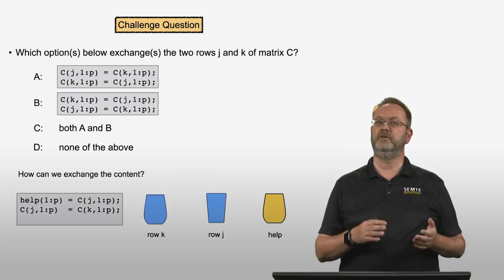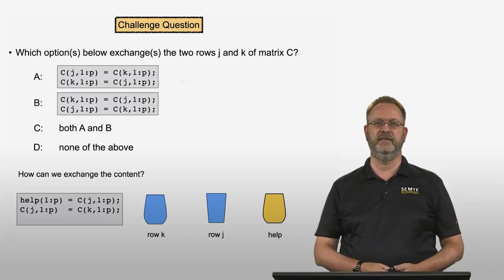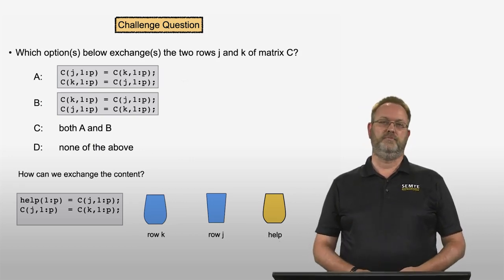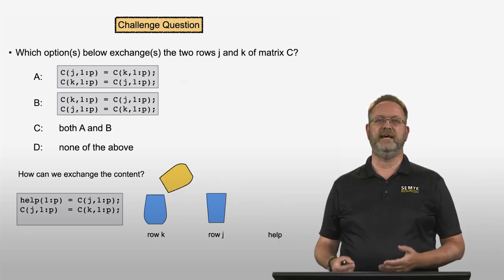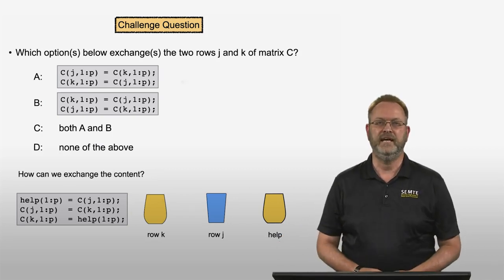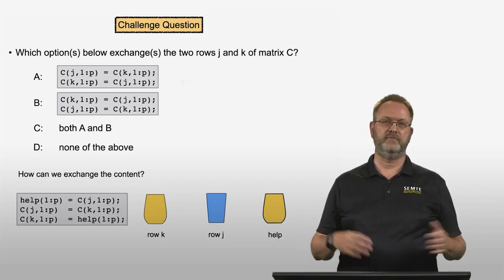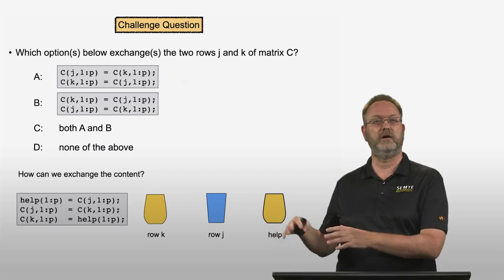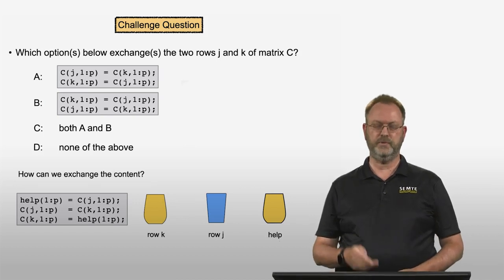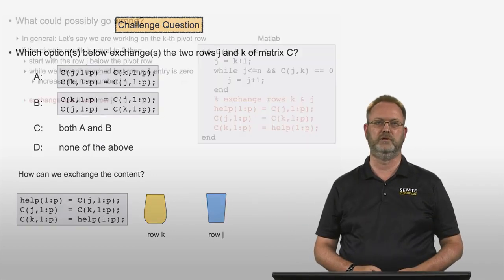That means now we can copy the content of row K into row J, overwriting the content, the yellow liquid in there. That would be the code C of J from 1 to P is equal to C of K from 1 to P. And now, in the last step, we can take our saved storage help glass and copy it over into row K. So the code for that is just that C of row K, all the columns from 1 to P, is equal to our help array with all columns copied from 1 to P. So this would be the code snippet that does the exchange of the individual rows.